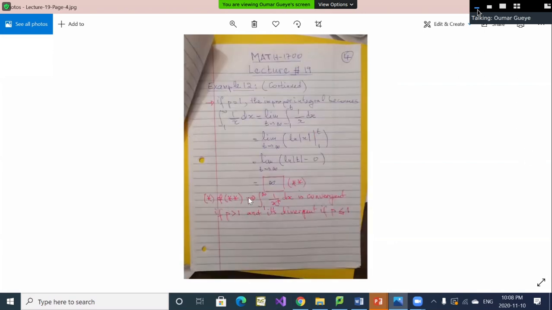And that's exactly what we combine. We combine star, the previous result, and double star, this one. It means this integral is convergent if p is a number which is greater than 1. Otherwise, it's going to be divergent.